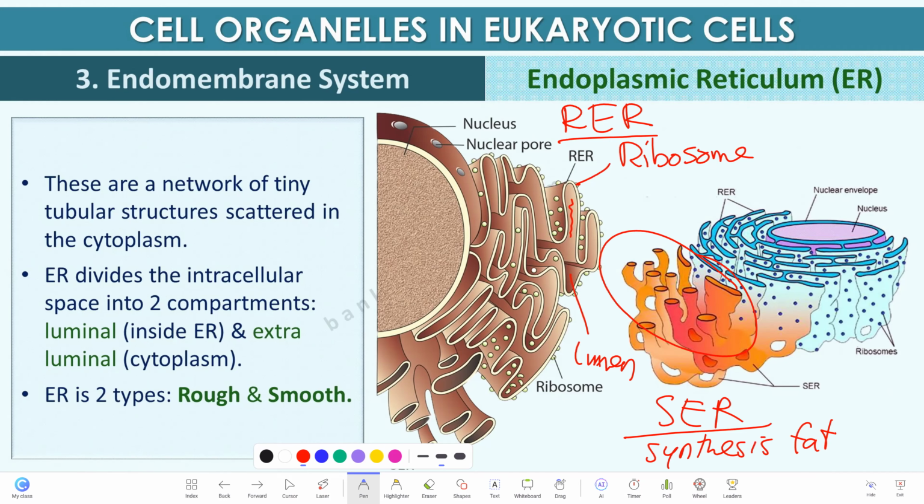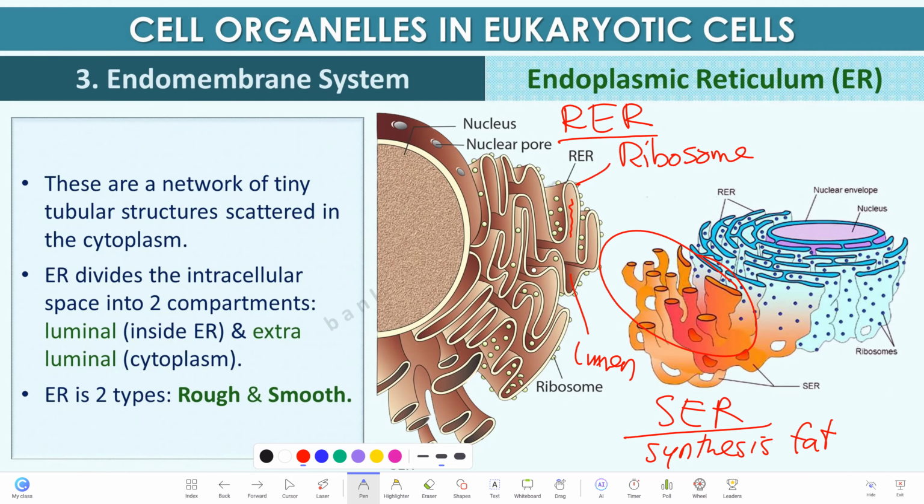It contains ribosomes. And what's the main function of RER? Protein synthesis. And what's the other one? SER, smooth endoplasmic reticulum. And what is its function? Synthesis of fat. What's the channel for communication between plant cells? Plasmodesmata. Very good.